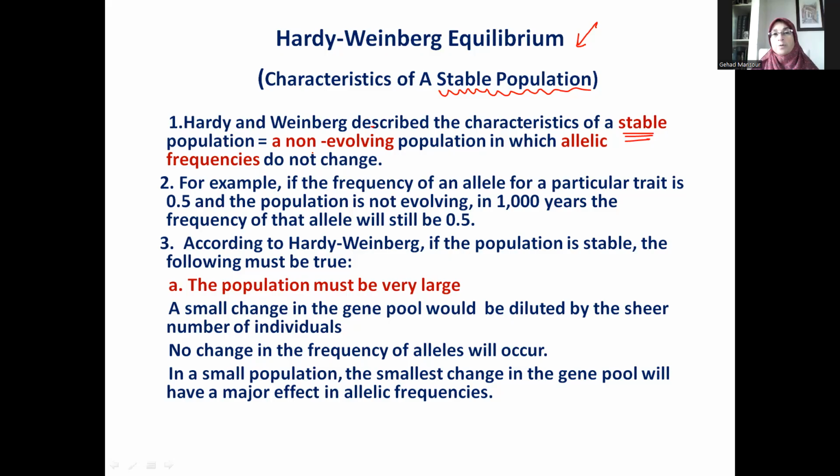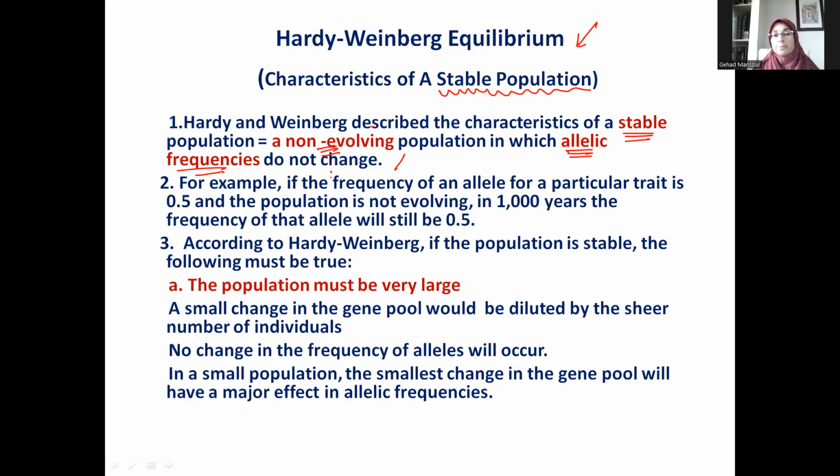And by stable population, we mean a non-evolving population in which the allele frequency does not change. So in all our previous examples, when we were talking about evolution, we were talking about gradual cumulative changes in allele frequencies in the population, which is the definition of evolution. But here we are talking about the characteristics of a stable population.